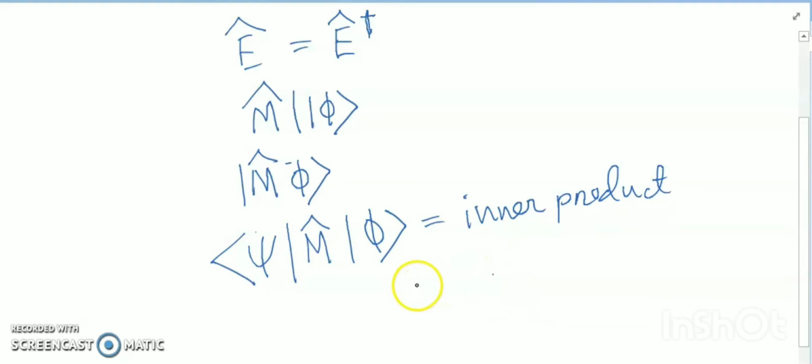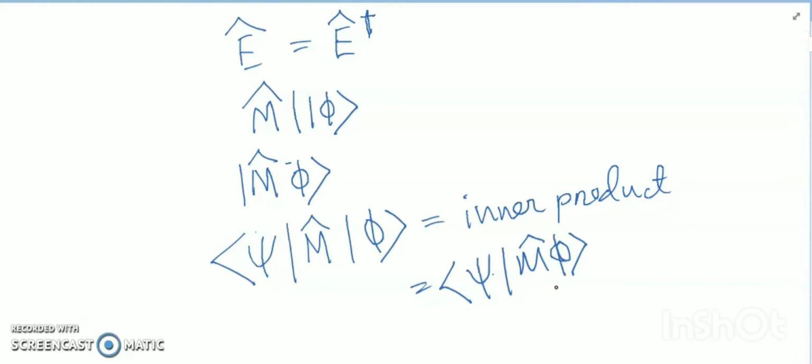This equals, can be written this way, psi, M phi. Remember, this is just the inner product of psi and M phi. So with that, here's the setup and a geometric intuition.